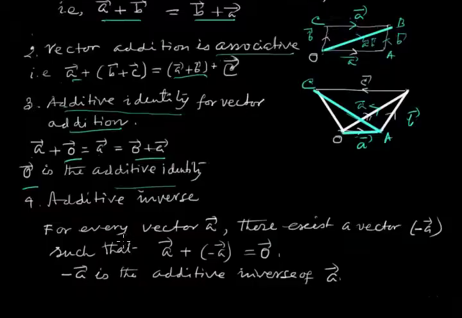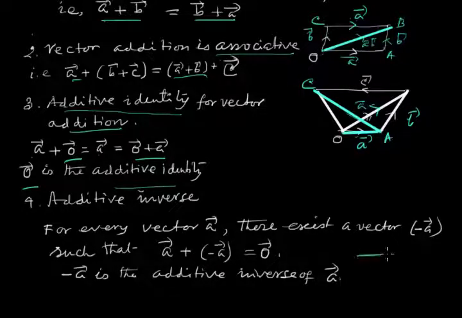Now, for every vector A, there exists a vector minus A, so that when you add them... this is vector A, and for the vector minus A, we move from A to B, and as it is negative, the direction will be changed.